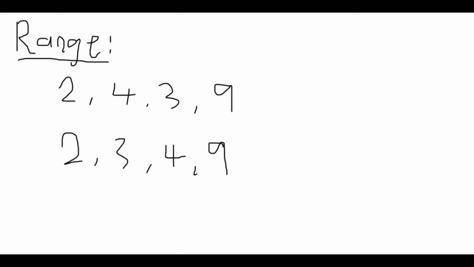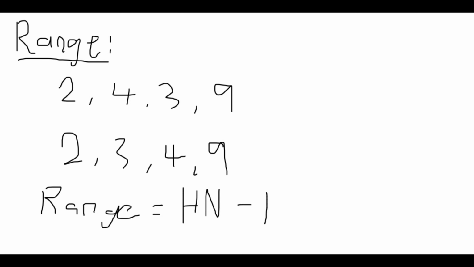So if we are to calculate the range, the range is the highest number subtracted by the lowest number. Meaning the range, I'm going to denote it by range, is equal to the highest number, let me denote it by HN, subtracted by the lowest number, which I'll just denote by LN.